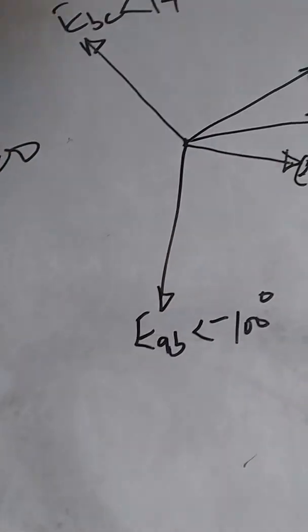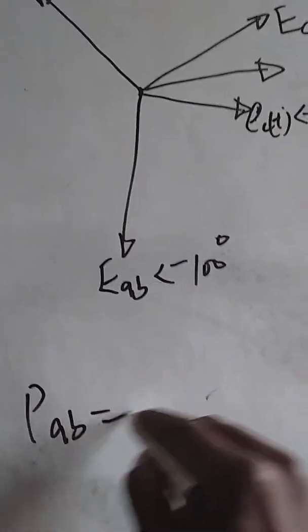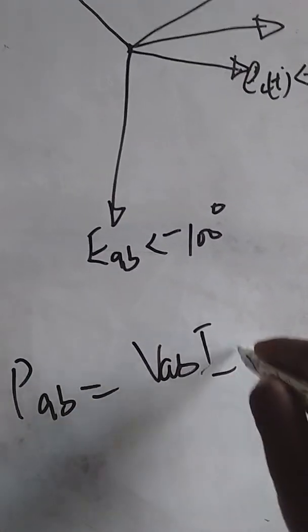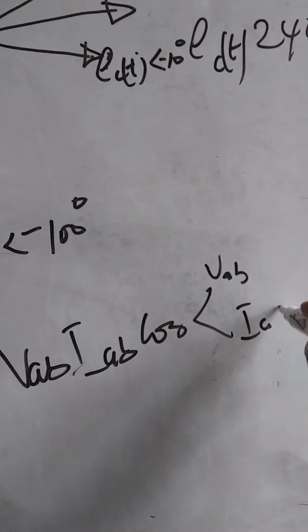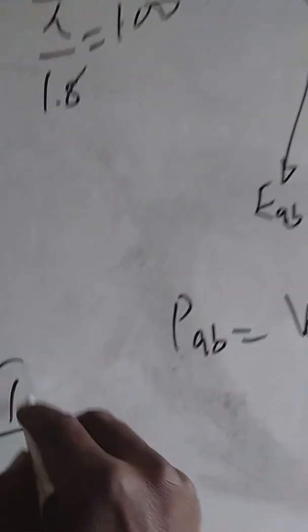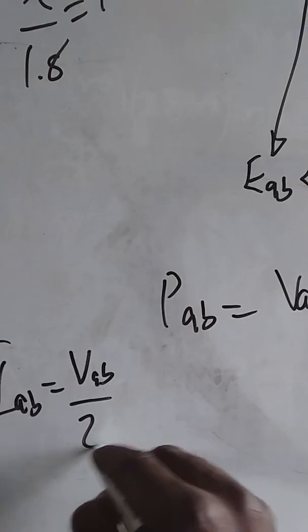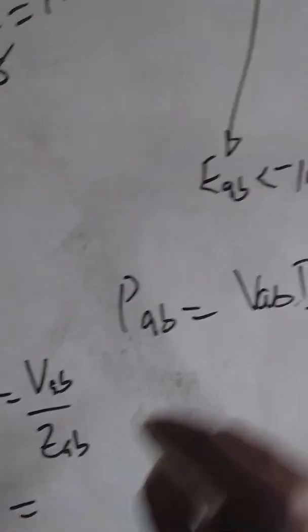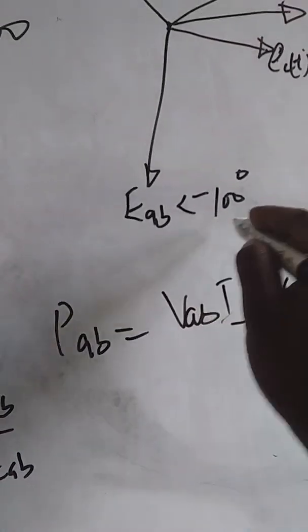So the very first thing, we want to know the power dissipated here. The power dissipated here is PAB, which will be VAB IAB cos(θVAB − θIAB). Our IAB is equal to what? VAB over ZAB. What is our VAB? Our VAB is at angle minus 100. And what is the voltage given? Phase voltage.